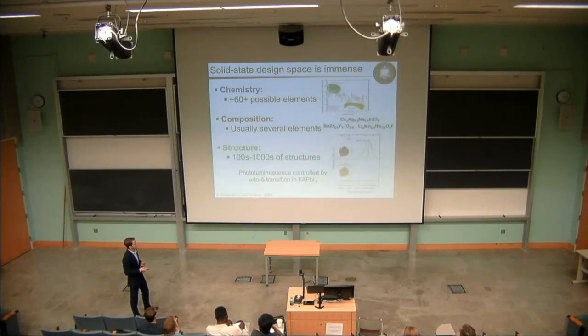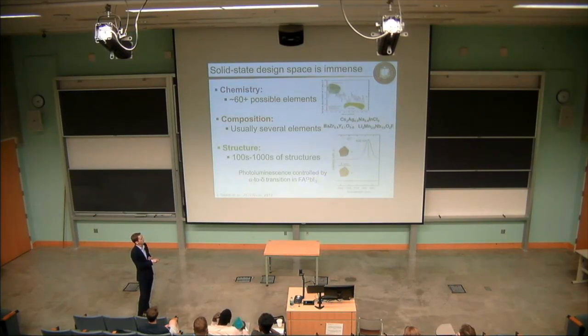Finally, we know that the structure of solid-state materials controls much of the properties. Here, for instance, I'm showing for this lead halide perovskite phase, the cubic alpha phase has this photoluminescence peak, but if a slight structural transformation occurs to this delta phase, which is, again, the same chemistry and composition, formamidinium lead iodide, we get no photoluminescence.